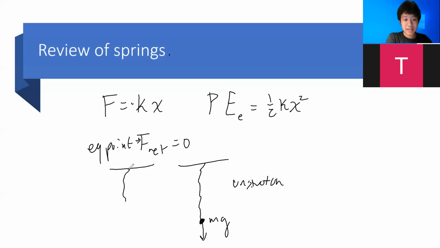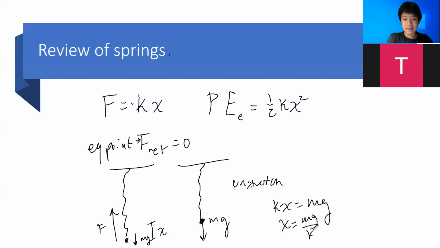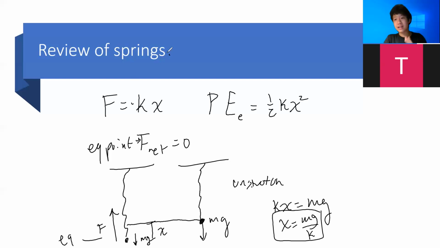The equilibrium point must actually be lower, at distance x lower, so that the returning upwards spring force will balance out mg. So in this case, kx equals mg, because it must balance out, so x is mg over k. So this is the distance from the unstretched position for the new equilibrium point. The equilibrium point has a new value because the equilibrium point is defined as where the net force is 0. So the equilibrium point must be at a lower position so that the spring force can go upwards.